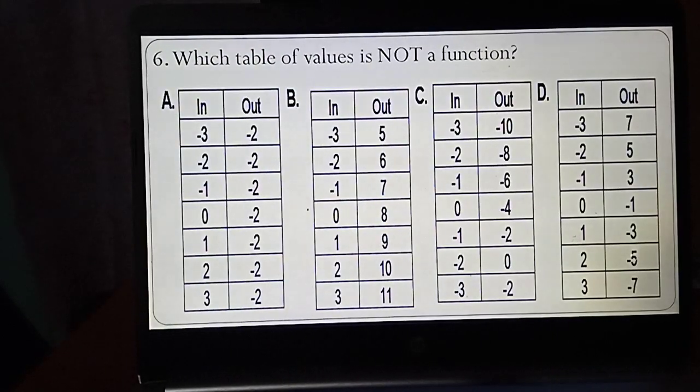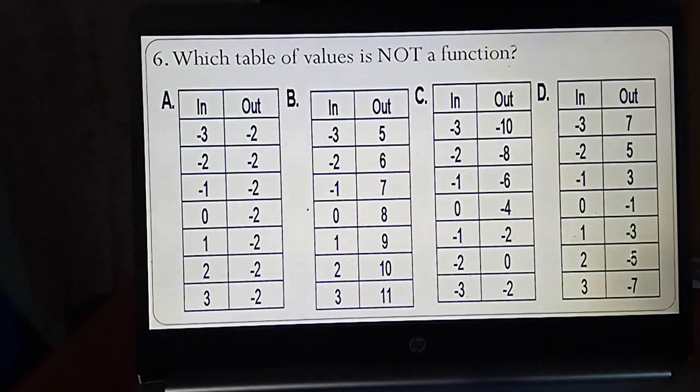For number 6, which of the tables of values is not a function? In order for the table to not be a function, there should be repetition of an item in the domain. For letter A, is there a repetition of an item in the domain? There is none.